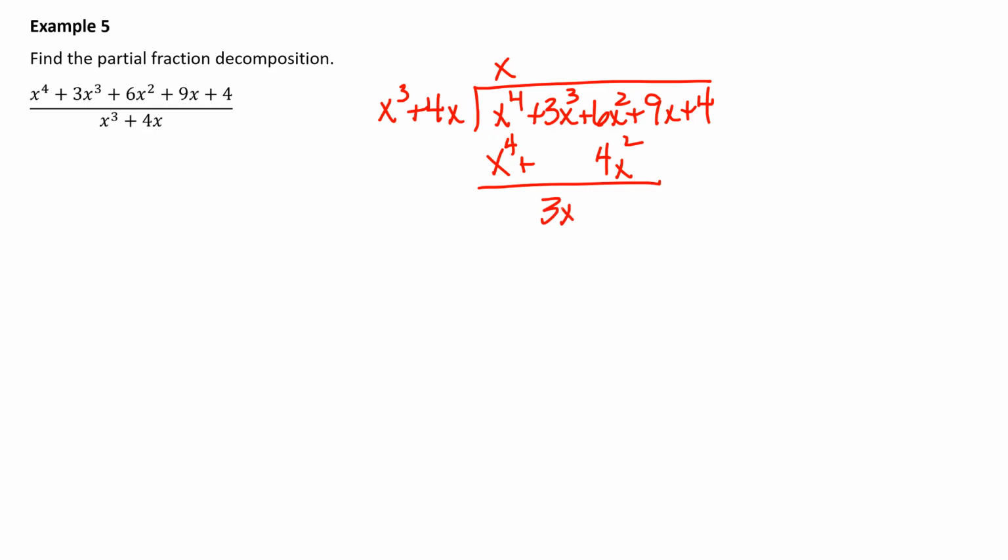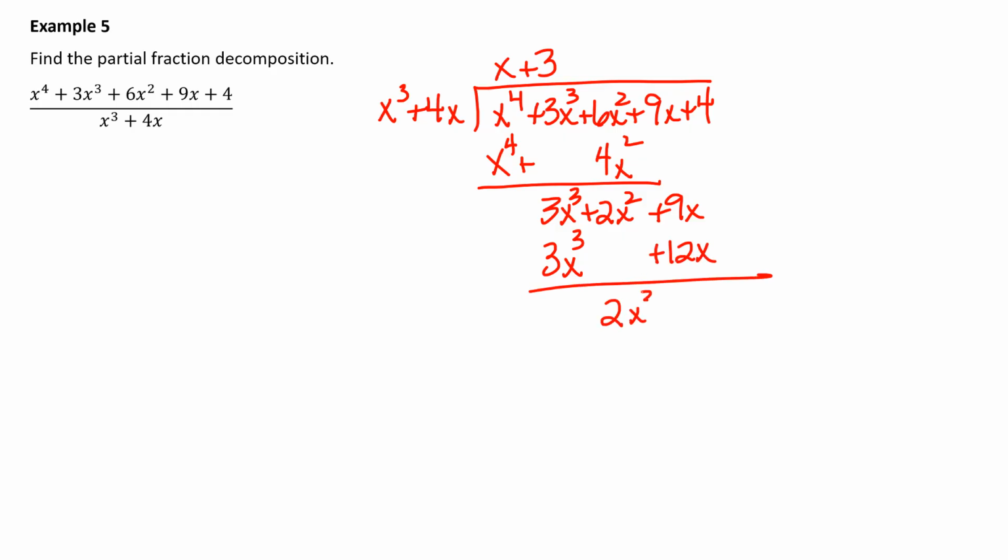Subtract: 3x cubed. 6x squared minus 4x squared is 2x squared. And then we're going to bring down the 9x. x cubed goes into 3x cubed 3 times, so plus 3 up there, and then 3x cubed plus 12x, which goes there. And so 2x squared, 9x minus 12x is negative 3x, and then bring down 4.